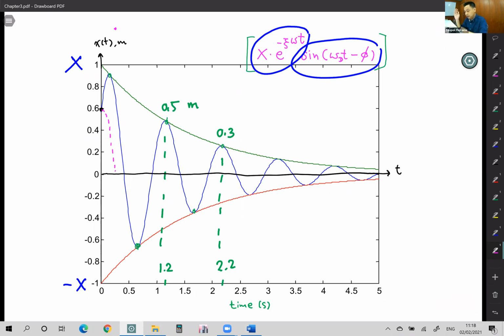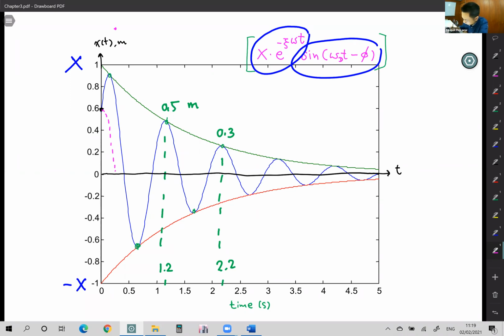But in this graph, it looks like even though I have the initial displacement 0.6, once the building starts to move, it moves a little bit further to 0.7, 0.8, close to 0.9, and then it goes back.